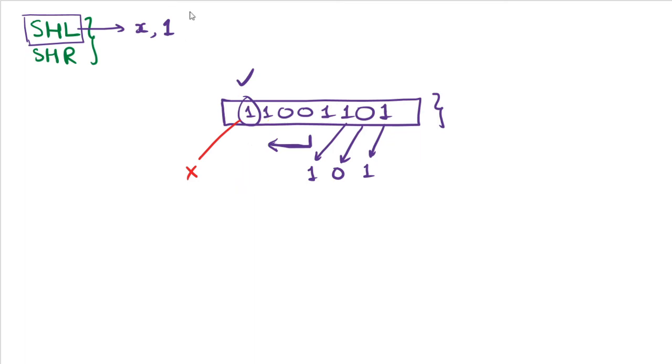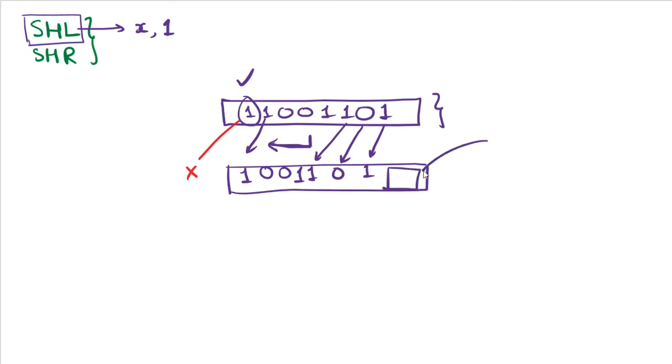Let me write it correctly: the first bit will be 1, then two zeros, then two ones, and so on. So these are 7 bits. Now the 8th bit, we will directly put 0 here.